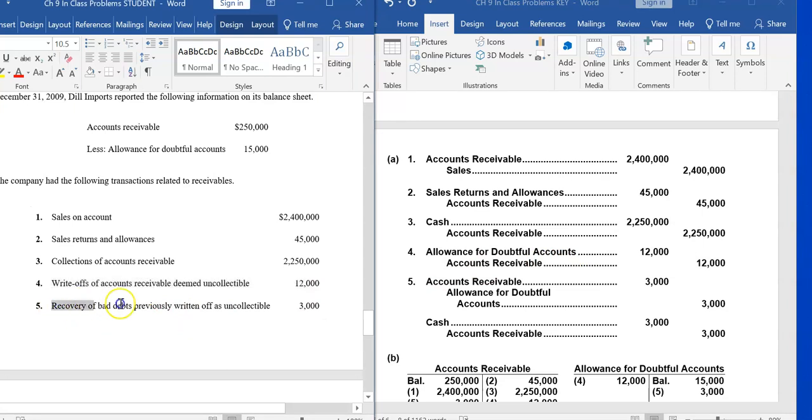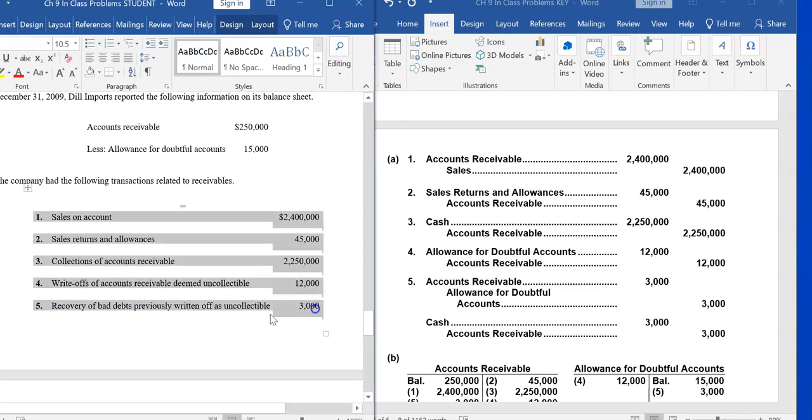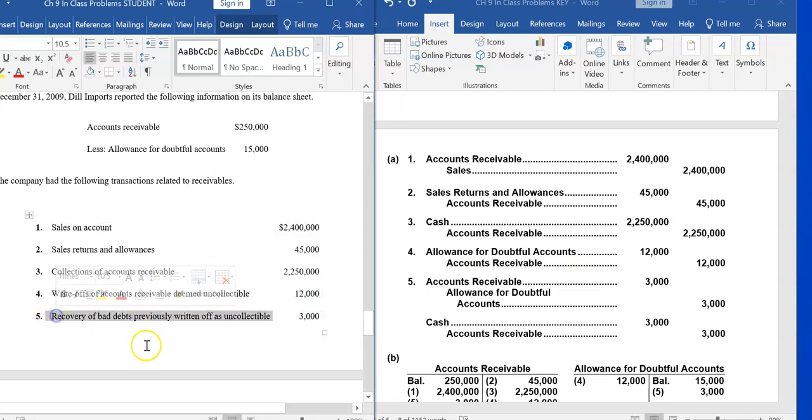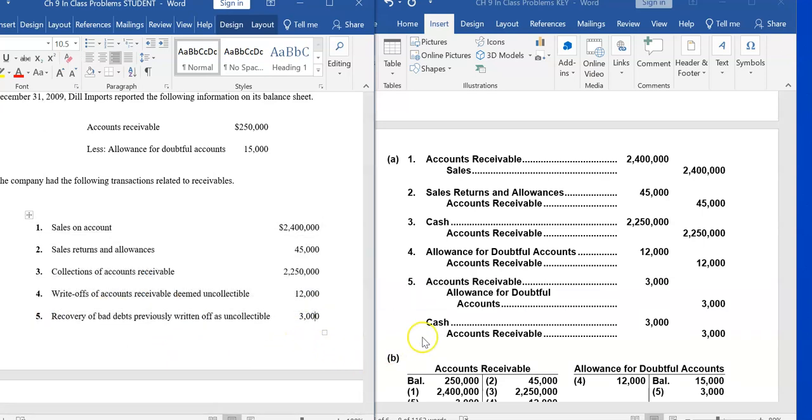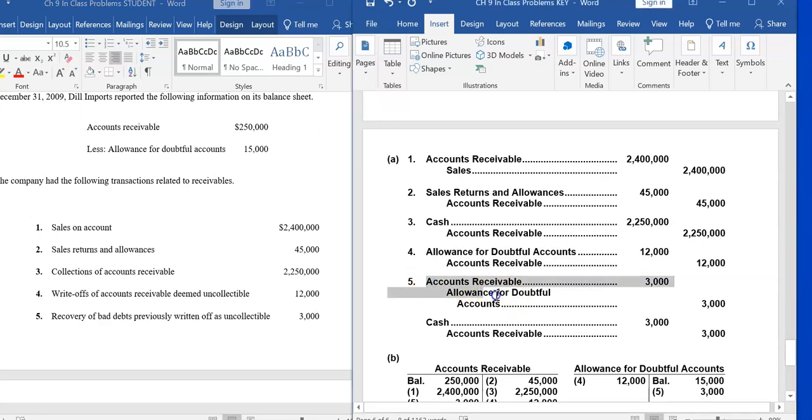Then we ended up recovering some of our bad debts that had been previously written off as uncollectible, $3,000 worth. Remember, when we collect on something previously written off, before we can record the collection, we need to reverse the write-off entry. So that's what this is doing here, reversing this entry.